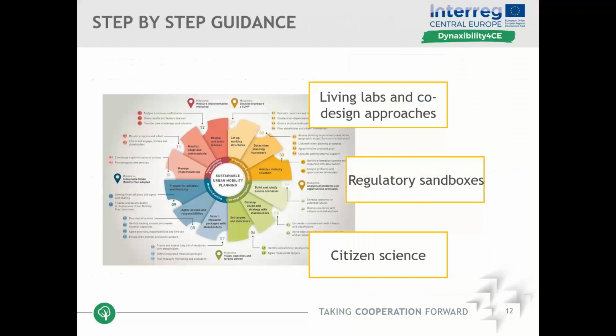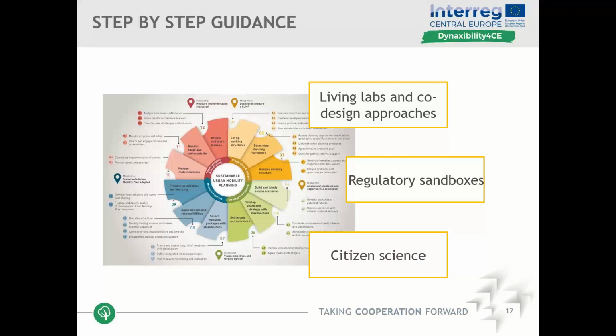So, as I said, we have three pillars on which, for each of them, we have collected experiences, information, let's say also specific guidance on how to implement stakeholder engagement into innovation processes.